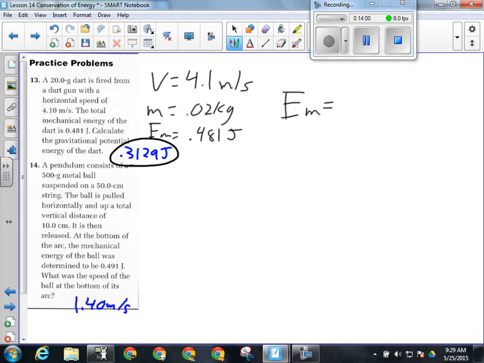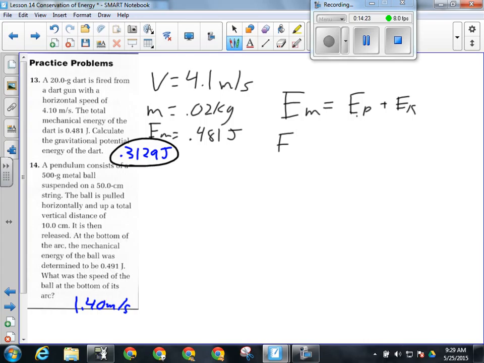what two things do I add together to get mechanical energy? Potential and kinetic, right. I want to find the potential, so what do I do with the kinetic? How do I move it over? Subtract it. Yeah. So I get EM minus EK equals EP.